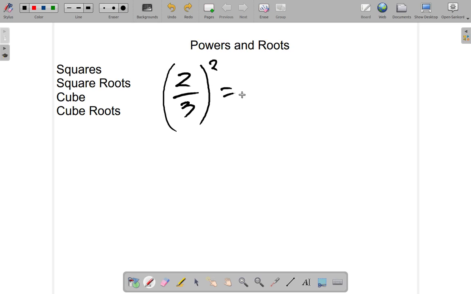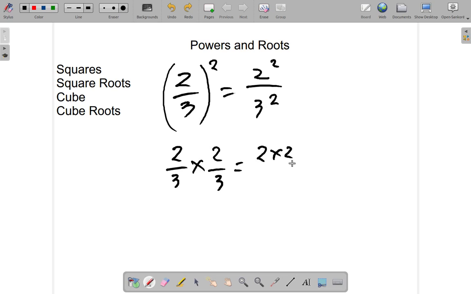All of this squared is equal to 2 squared divided by 3 squared. You can just separate them like this, because 2/3 squared means the same as 2/3 times 2/3, which is 2 by 2 up top over 3 by 3 down the bottom. 2 by 2 is really 2 squared, and 3 by 3 is really 3 squared. So you can always remove the bracket and square each of these independently.